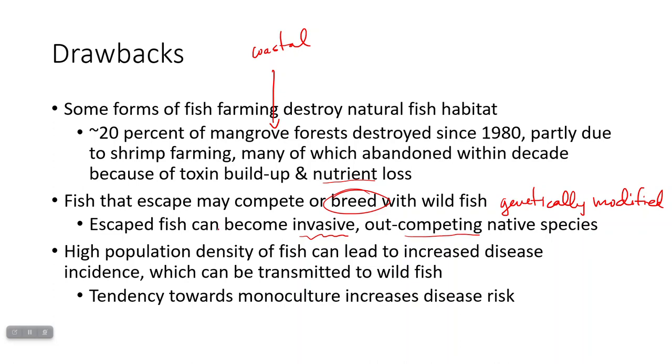As always, when you pack a lot of creatures in a small space, that increases the transmission of disease as well as parasites. And so that's a big problem. And then if you have any wild fish that are closely related in the area or of the same species, those diseases can be transmitted to them.